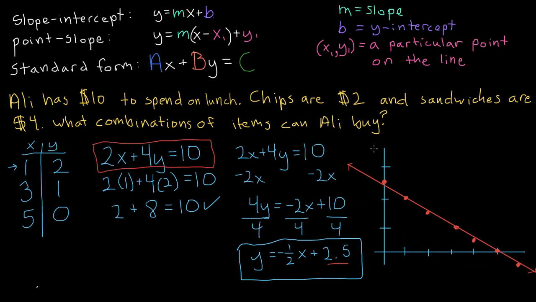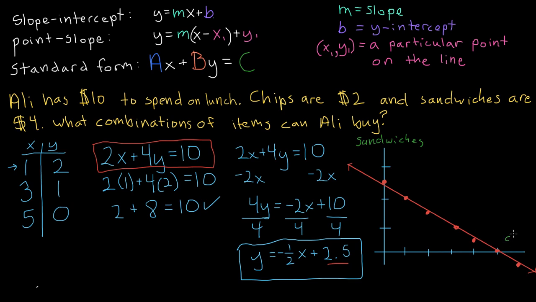And with these sorts of problems, one thing that's handy to do is to label the y-axis and the x-axis. So obviously this is our y-axis, but it's also the number of sandwiches that Ollie can buy. So I'll write sandwiches right here. And then our x-axis right here is the number of bags of chips that Ollie can buy.